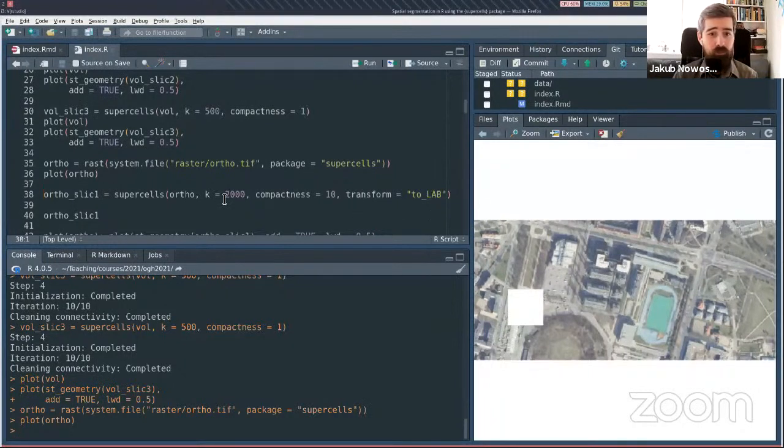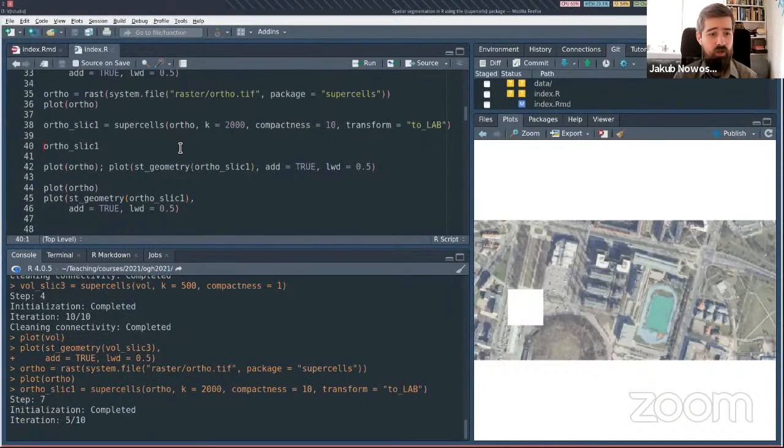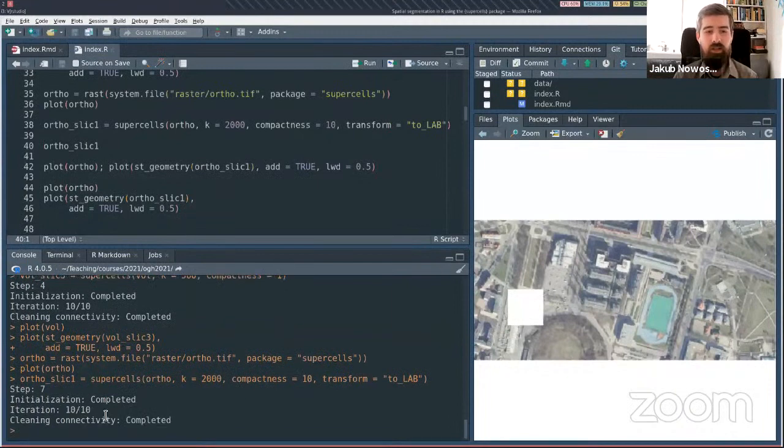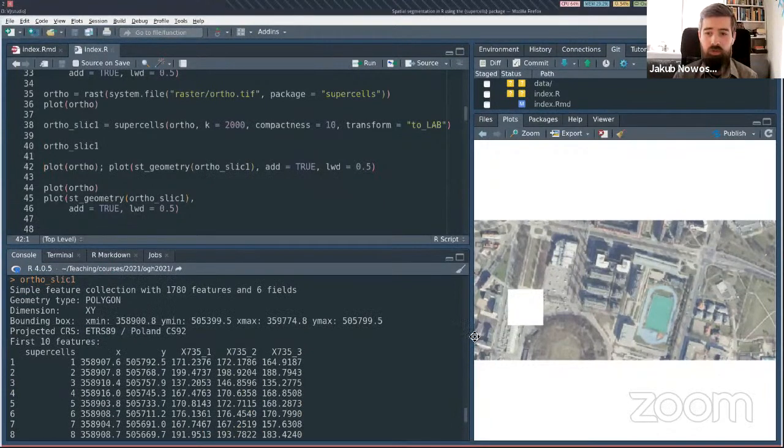And now I changed some initial parameters. I increased the number because this area is also larger than the area of the previous example. So I increased it to 2000 and put the compactness value somewhere in between, at 10. And I will explain this last parameter in a second. So let's just run the code. You can see we've done, again, 10 iterations. And our output is very similar to the previous one.